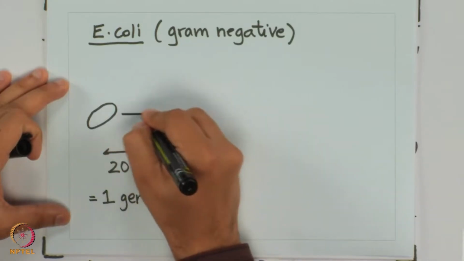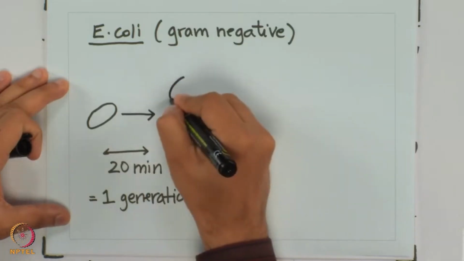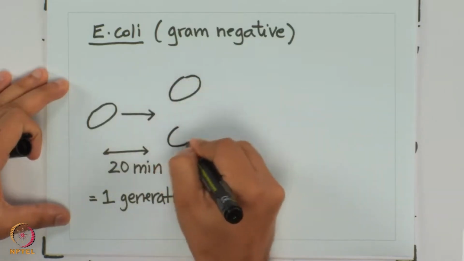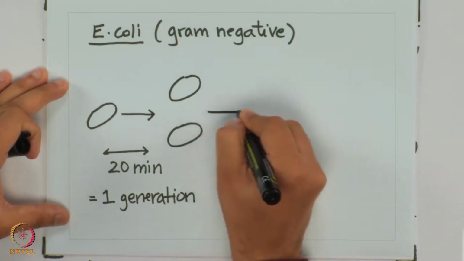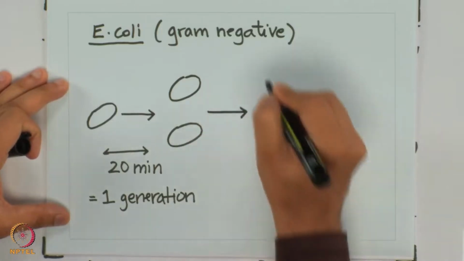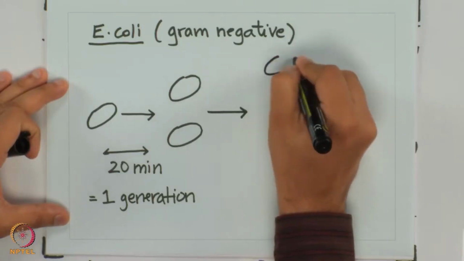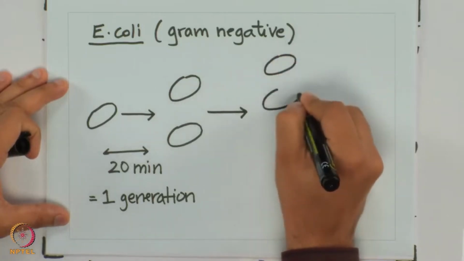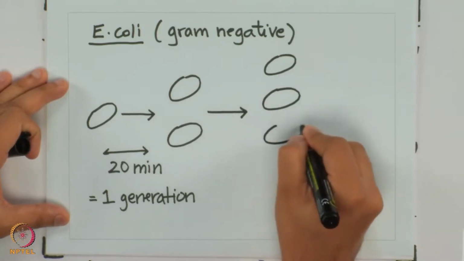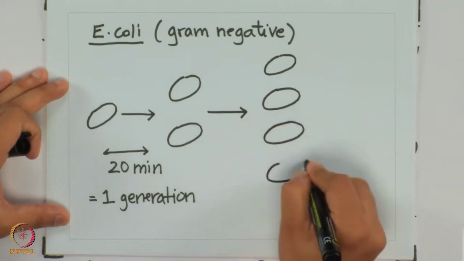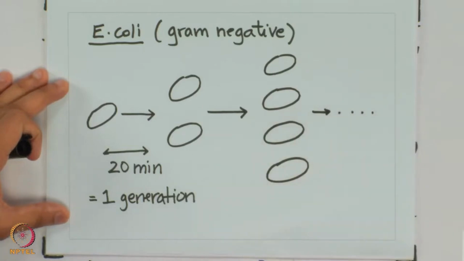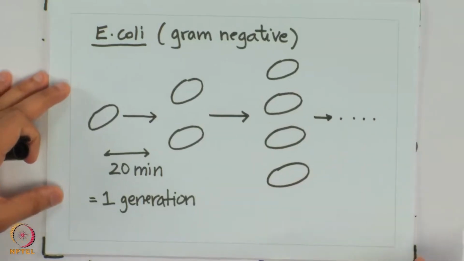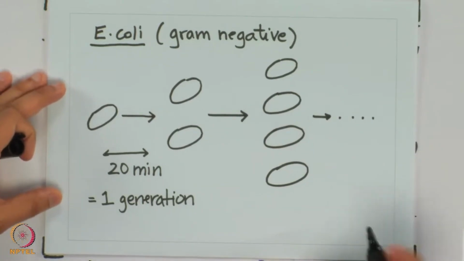Upon completion of 20 minutes, bacteria divides and we have two progenies. At the end of 40 minutes, the two progenies will themselves be ready for division, and at the end of the time equal to 2 generations, we are going to end up with 4 bacteria. And this process will continue in the future, provided the resources that are available to the bacterium are not constrained in any way.